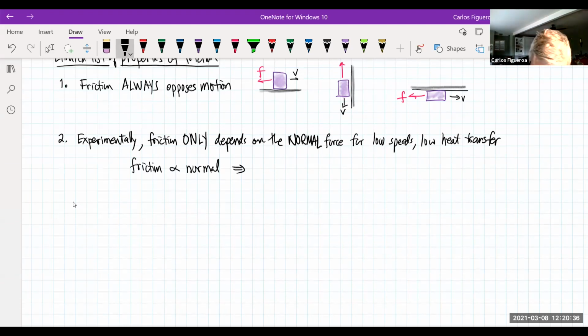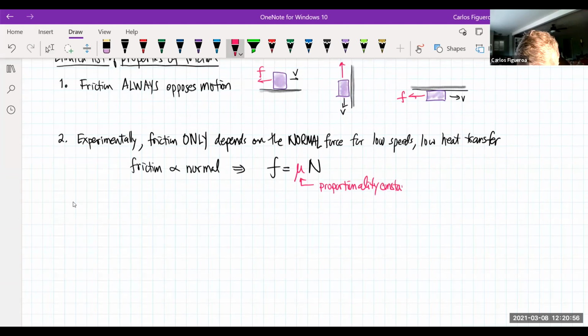So friction and the normal are equal if I have a proportionality constant. This guy right here is a proportionality constant, and it is called the coefficient of friction.